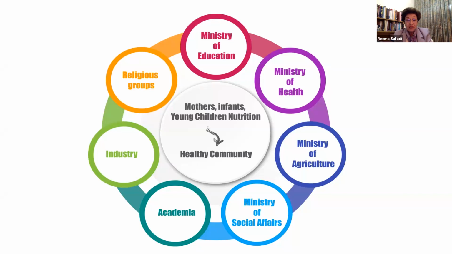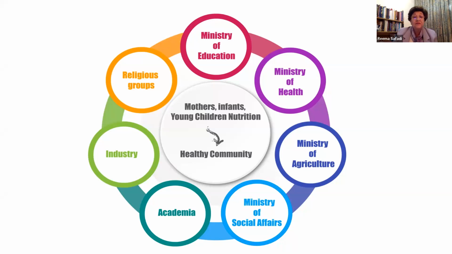They have a collaborative, coordinated responsibility among different governmental and community-based advocates for MIYCN. This slide shows the sectors that are directly or indirectly involved in improving or promoting mothers' and children's health.